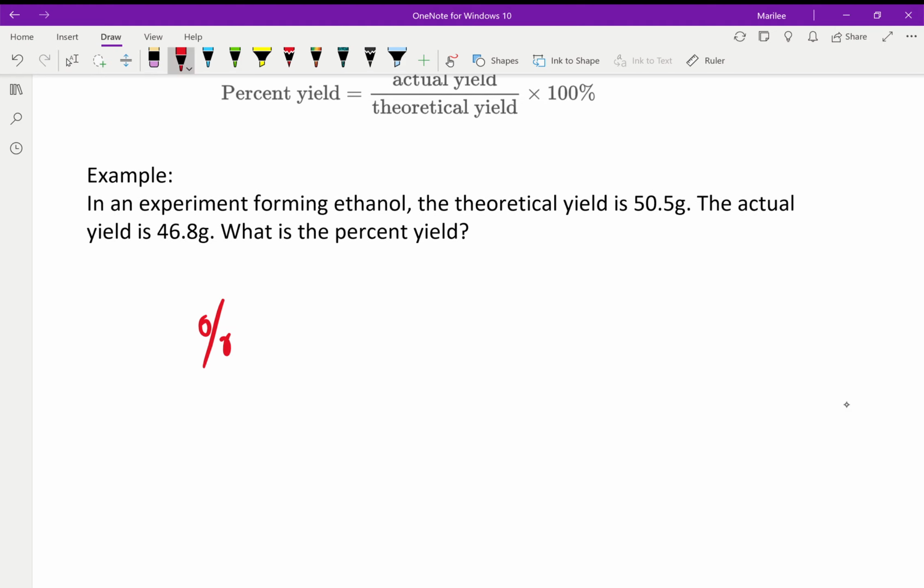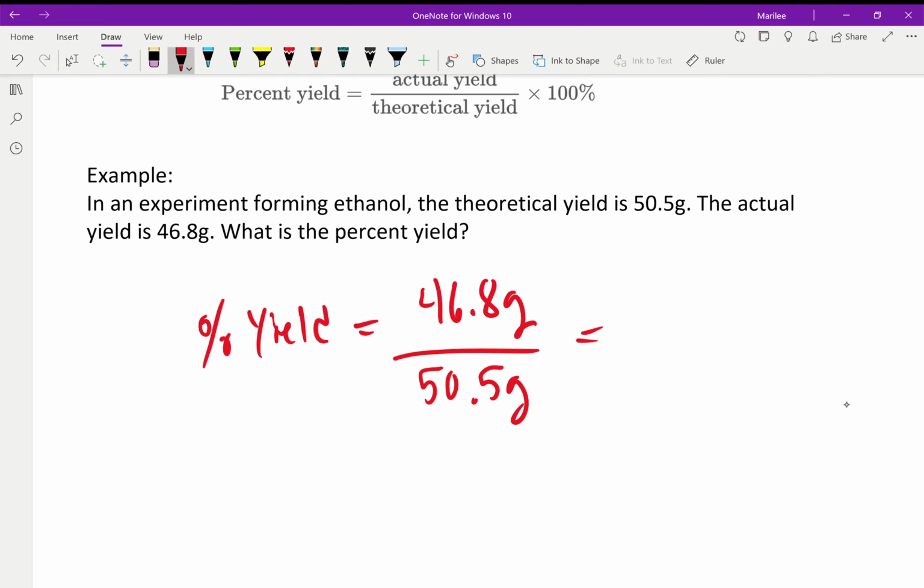Percent yield is actual 46.8 grams divided by theoretical 50.5 grams, times 100%. The grams cancel out, and we are left with 92.7%. That's our yield. So we pretty much recovered 92.7%. We obviously lost some stuff there.